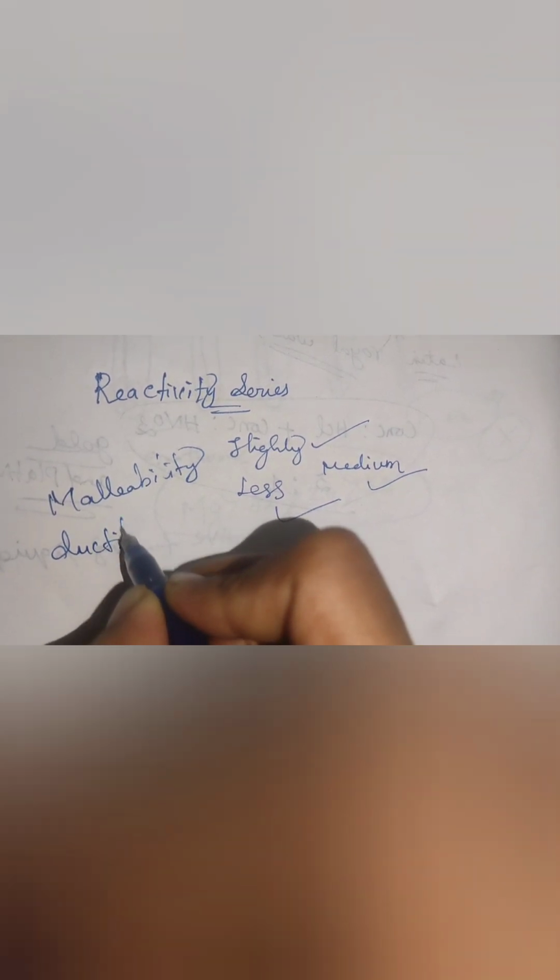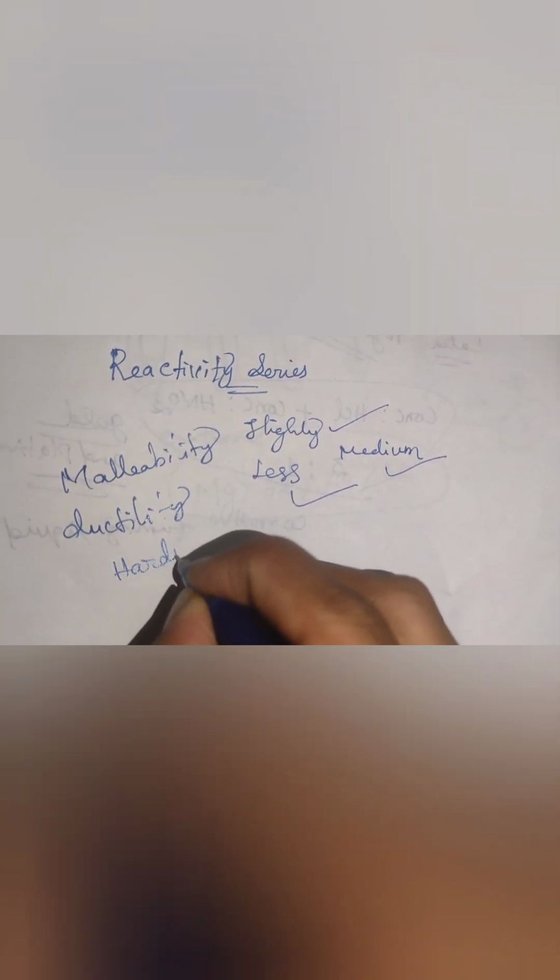According to which properties they are separated, we already know from the previous videos. I explained about malleability, ductility, hardness of the metal, sonorous.